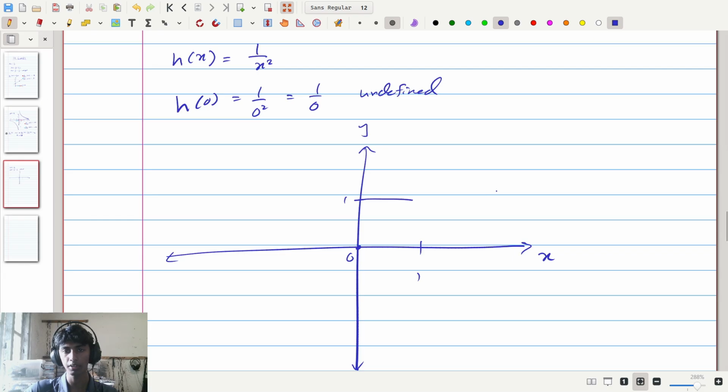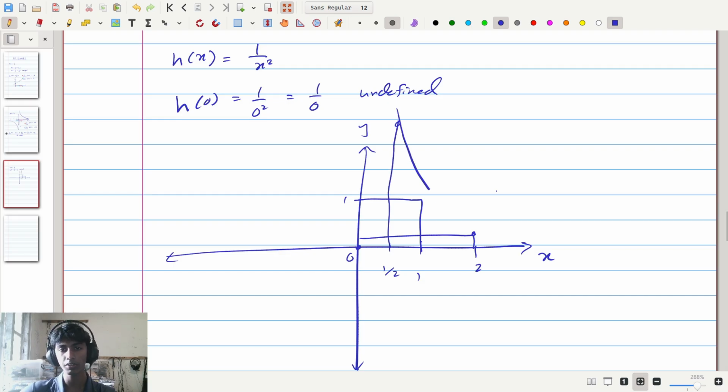So here 1. We have a matching point. For x equals 2, what we have is h of 2 is 1 divided by 2 squared or 1 divided by 4. So something like this. This is going to be h of 2. H of a half is 1 divided by half squared, which is 1 divided by 1/4, which is 4. So this is going to be 4. So up here, all the way up, somewhere like that.